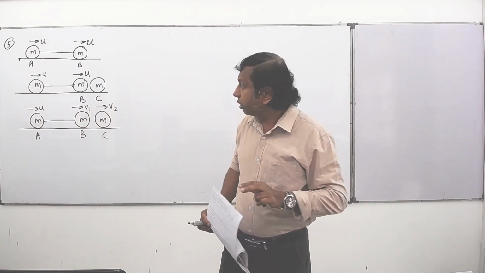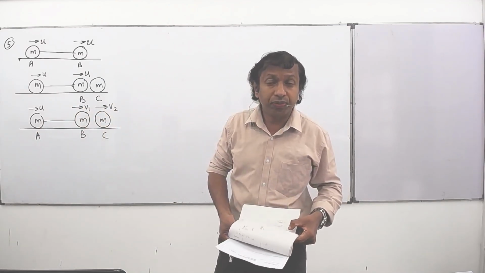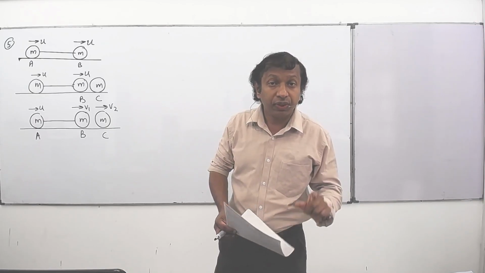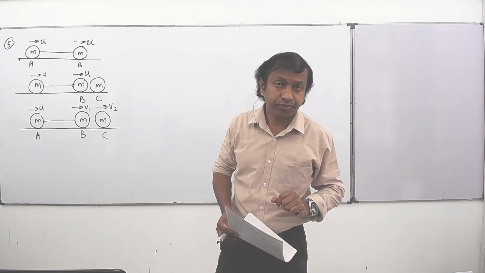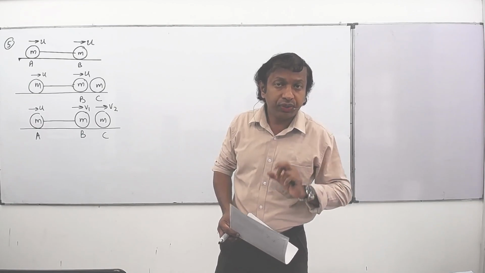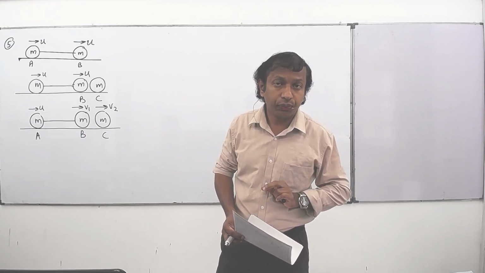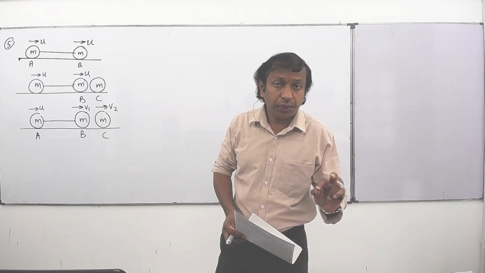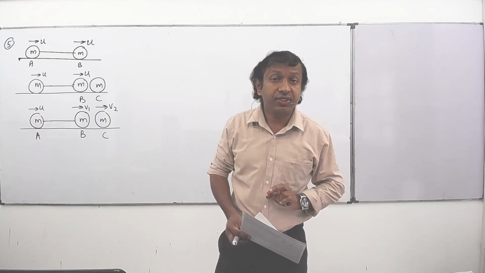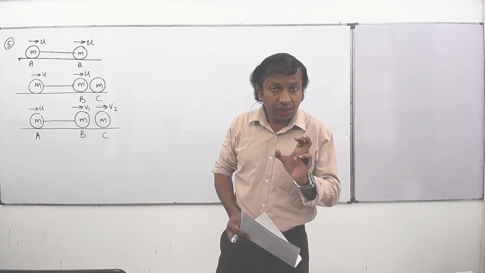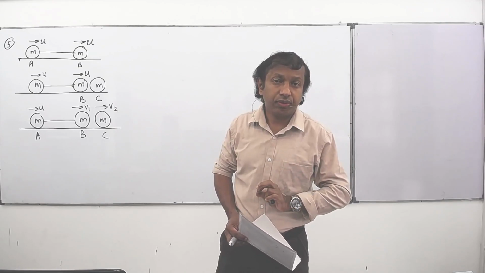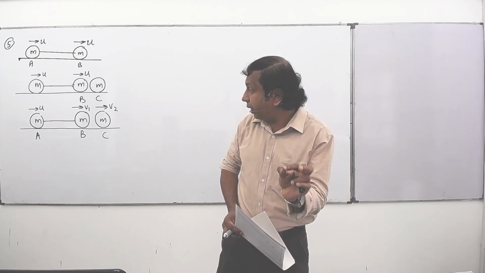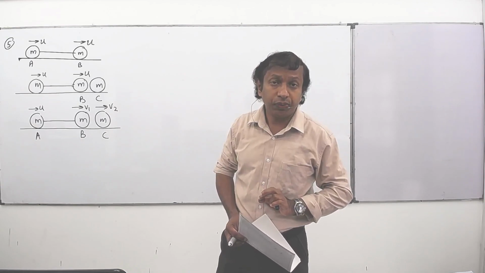Then while both A and B are moving, people, remember, no tension in the spring. They move with uniform velocity u until the particle B collides with C. At the moment of collision, A still moves with velocity u.